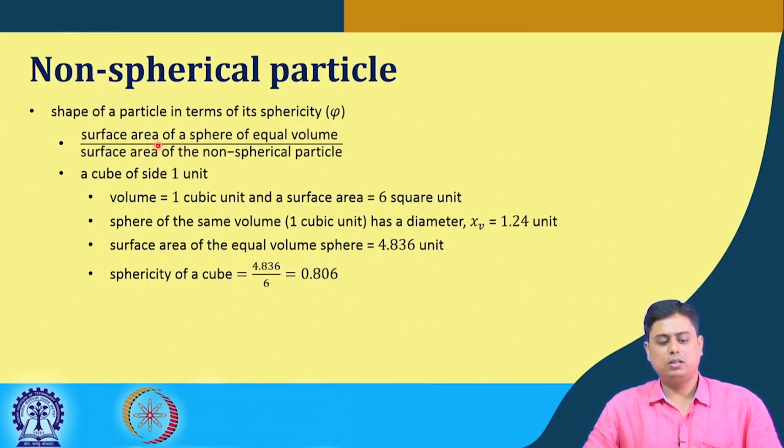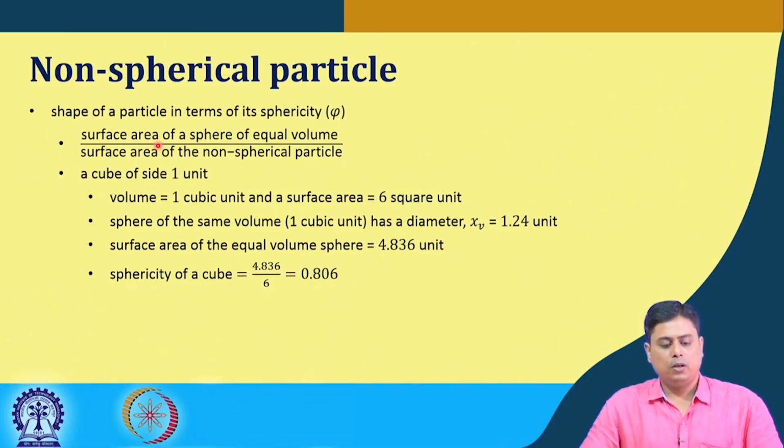So, let us say we have a cube. It is a regular shaped body, but still not a sphere. Sphericity is a measure of how the shape of an object deviates from the shape of a sphere, how much it is different.